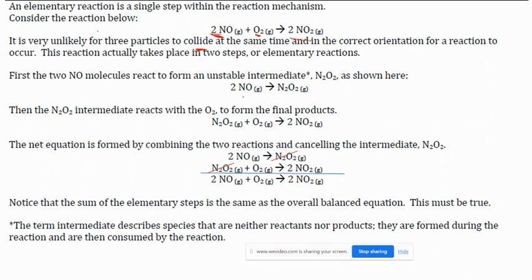So typically we end up with a reaction where we have this forming into this, and then that going on to collide with your oxygen and forming this as a final item. Now, these things that form and are used up before we get to the end are called intermediates. And we end up canceling those out when we're giving the final balanced equation.